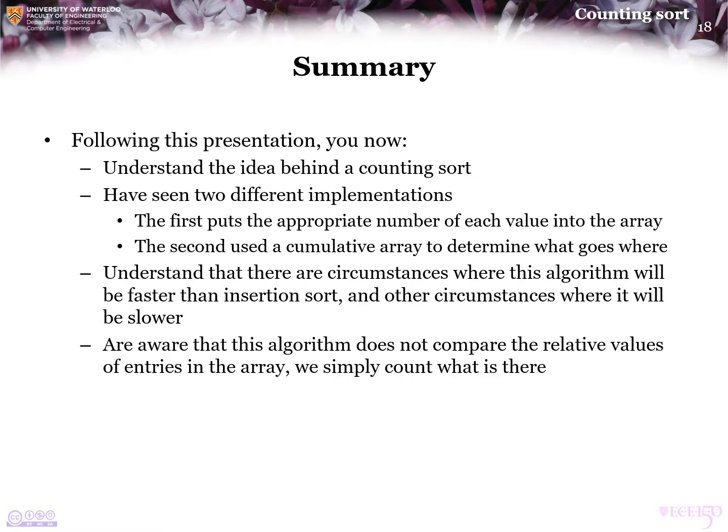You understand that there are circumstances where this algorithm will be faster than insertion sort, for example, and other circumstances where it will be slower. You are aware that what fundamentally differentiates this algorithm from the others we have seen is that it does not compare the relative values of entries of the array. We simply count the values of what is in the array.